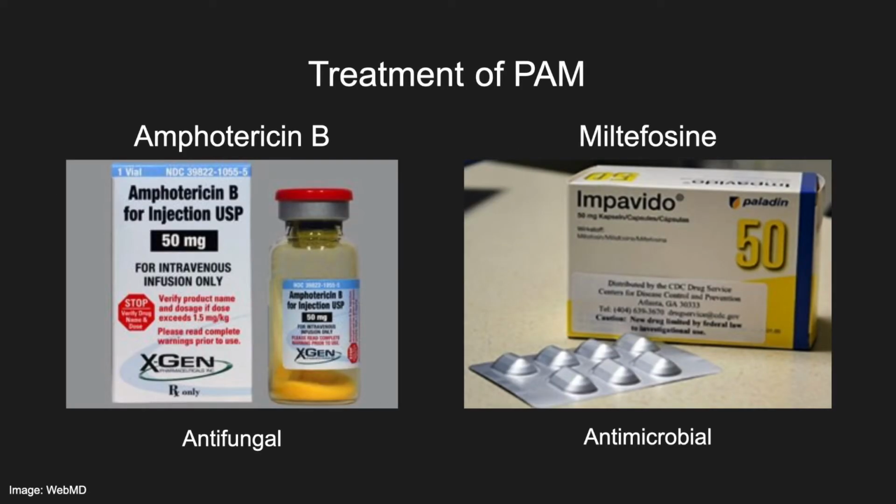So treatment of PAM. So due to the rarity of Naegleria fowleri infections in humans, there are no clinical trials to date that assess the efficacy of one treatment regimen over another.